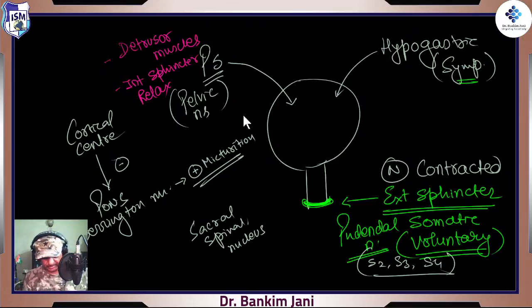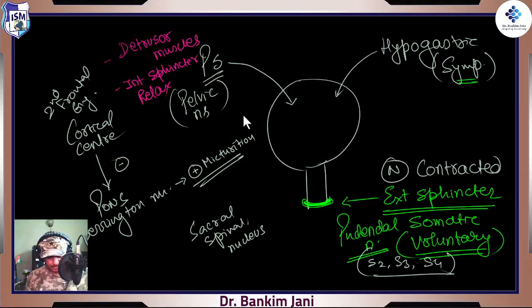This cortical center is in the second frontal gyrus. So he is inhibiting this pons, and that's how normally there is no micturition. Everything is under control.